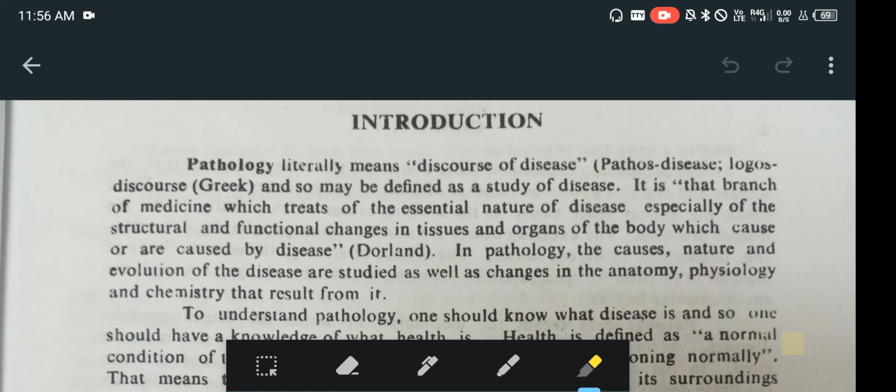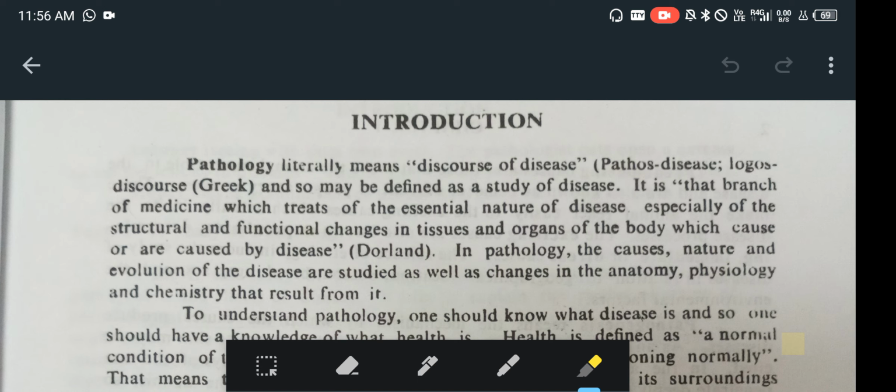So let's get started. Before studying pathology, what is pathology? Let's get back to the first year where we studied physiology, the basic functioning, the normal functioning of the body, and any deviation from that normal functioning is known as disease.